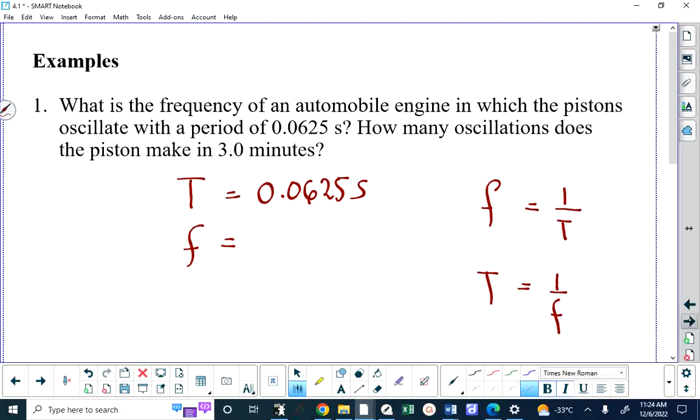We're going to be able to use it for waves. We're going to be able to use it for simple harmonic oscillators like masses on springs and pendula. We can use it for bumblebee wing flaps. We can use it for circular motion, or we can use it for pistons. The frequency is going to be the reciprocal of that.